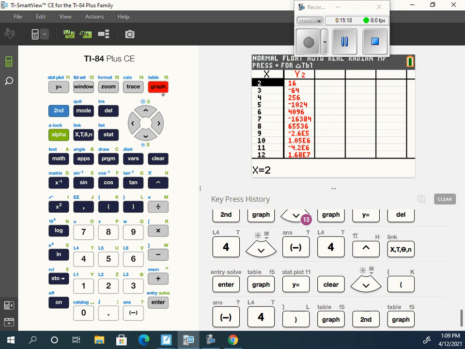Because we have this here. Now, if you notice something's weird about the numbers, because at 2 it's at 16, at 3 it's at -64, 256, -1024, 4096. It's going positive, negative, positive, negative. I had the term this morning.